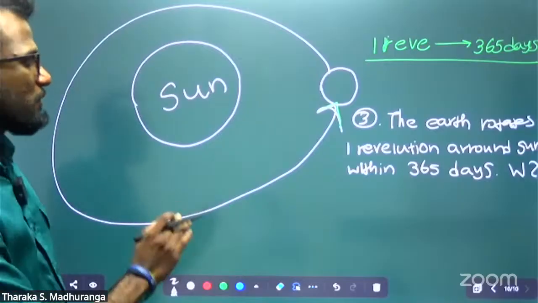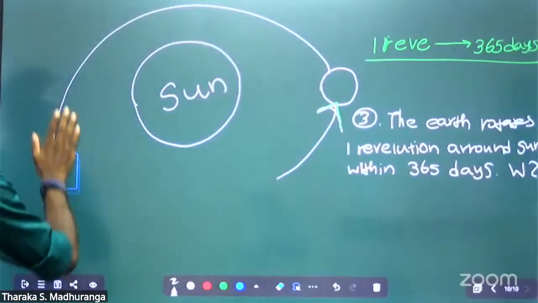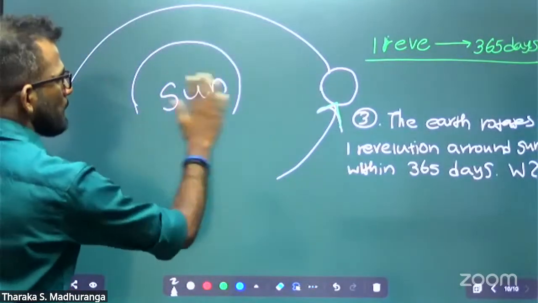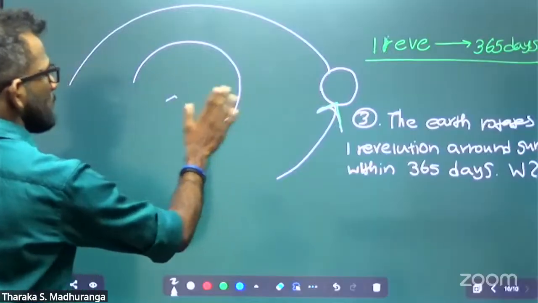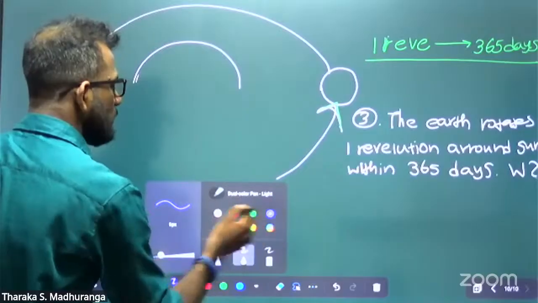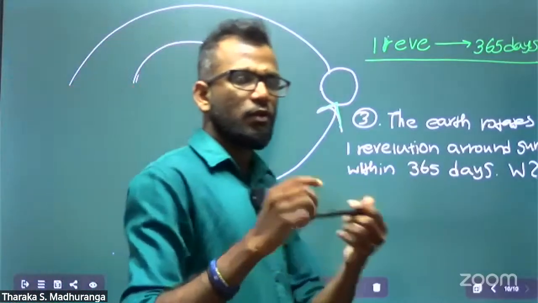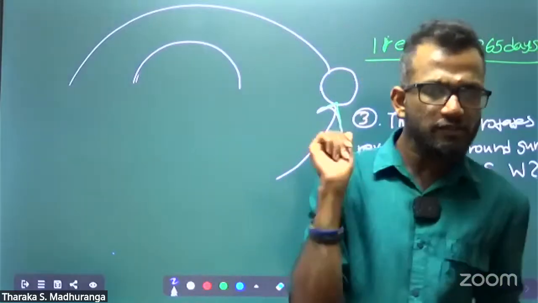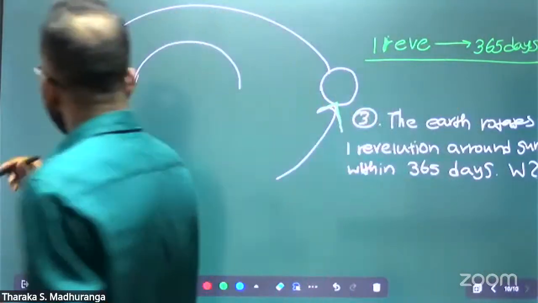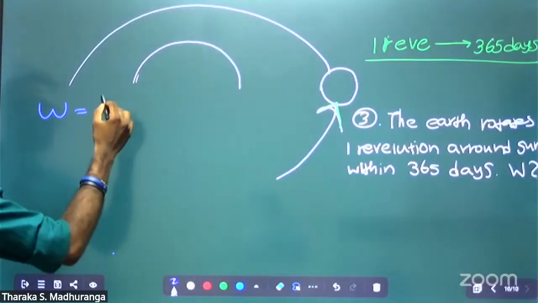Okay, what's the method? Actually, we rotate around the sun at this angular velocity. The angular velocity omega equals theta over time.